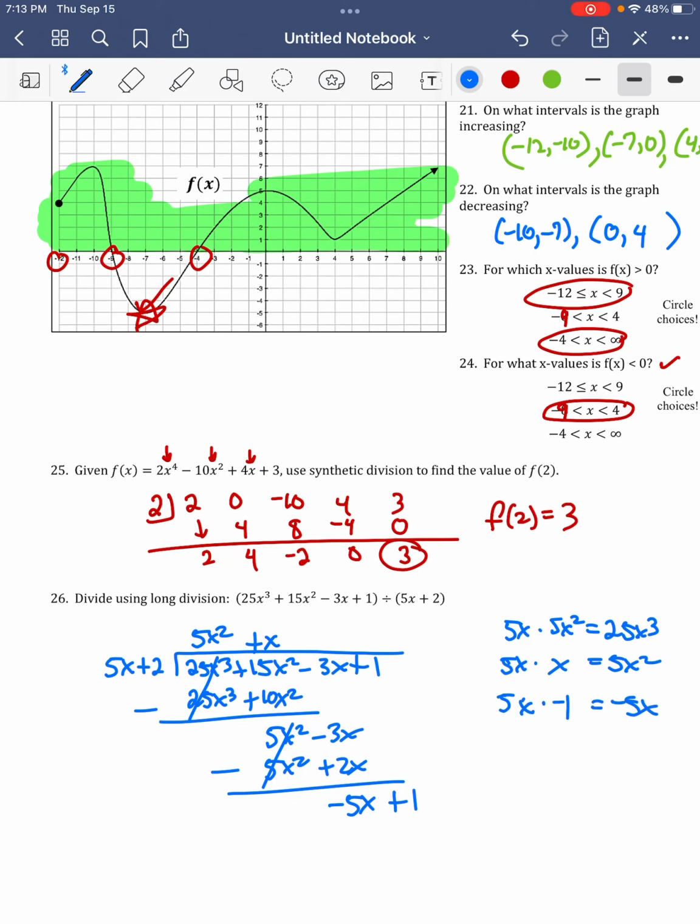Well, all I need to do is multiply by negative 1. So minus 1. Multiply negative 1 by this, I get negative 5x minus 2. Subtract. These cancel. 1 minus negative 2 is 3. So my remainder is 3, and I put it over 5x plus 2. And that right there would be my solution to this division.